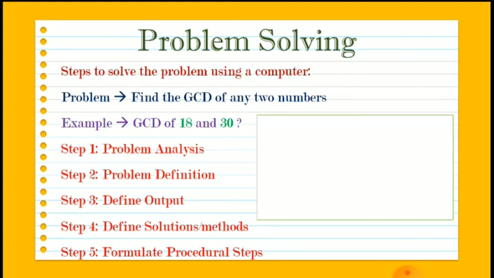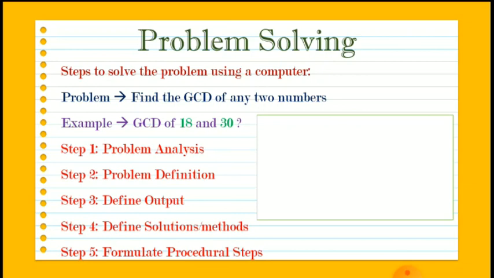So based on the above steps, create a set of steps or procedure from the selected method to solve the problem. Depending on which method you have selected to solve the problem, create the steps.